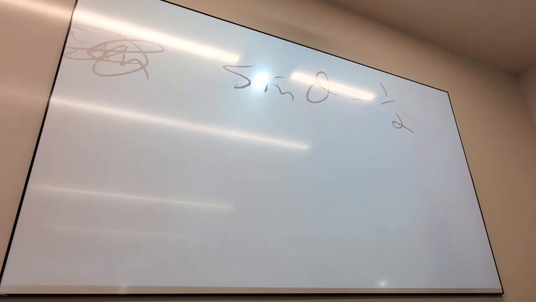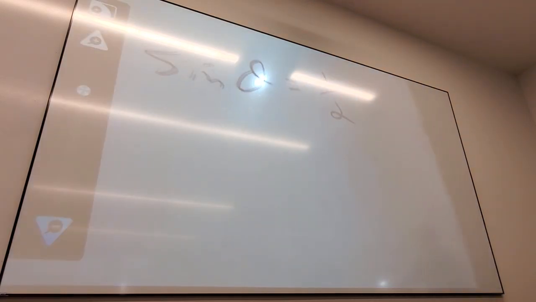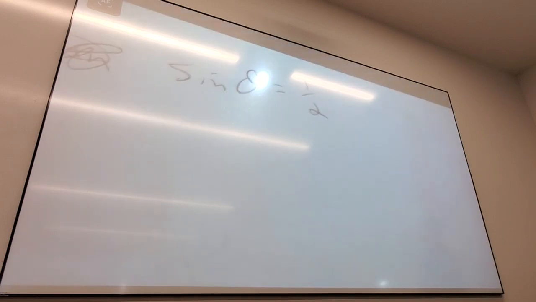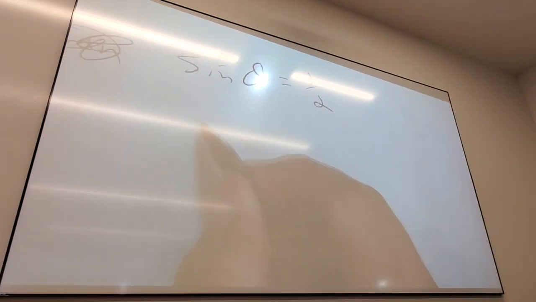Can anyone tell me one answer to this equation? Pi over 4. Careful. What's sine of pi over 4? Square root of 2 over 2. So not 1/2, correct? So I need an angle that would make sine become 1/2. Pi over 6. Yeah, so one answer would be pi over 6.